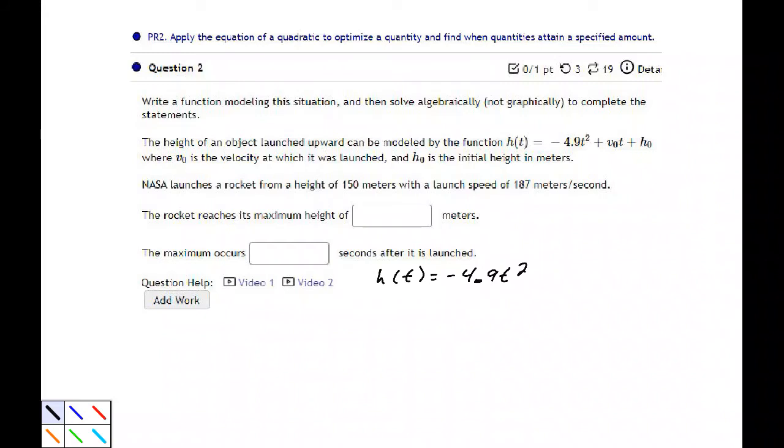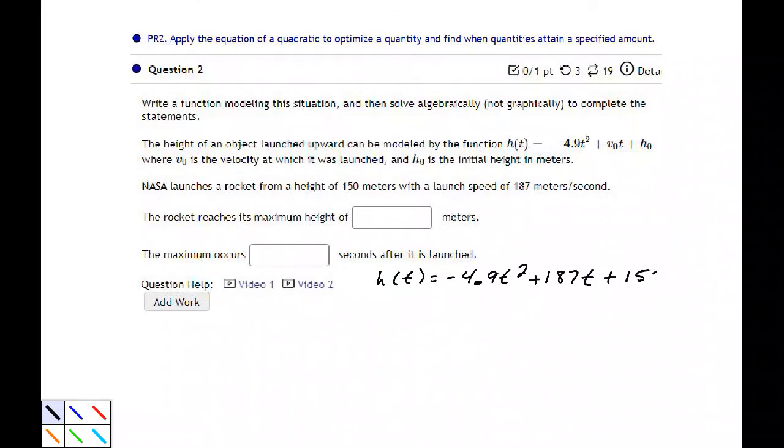Well, my initial velocity is 187, so this would be plus 187 t plus h0, which is the initial height of 150 meters, so plus 150. Now, the question asks us to fill out: the rocket reaches its maximum height of blank meters, and the maximum occurs blank seconds after it is launched.